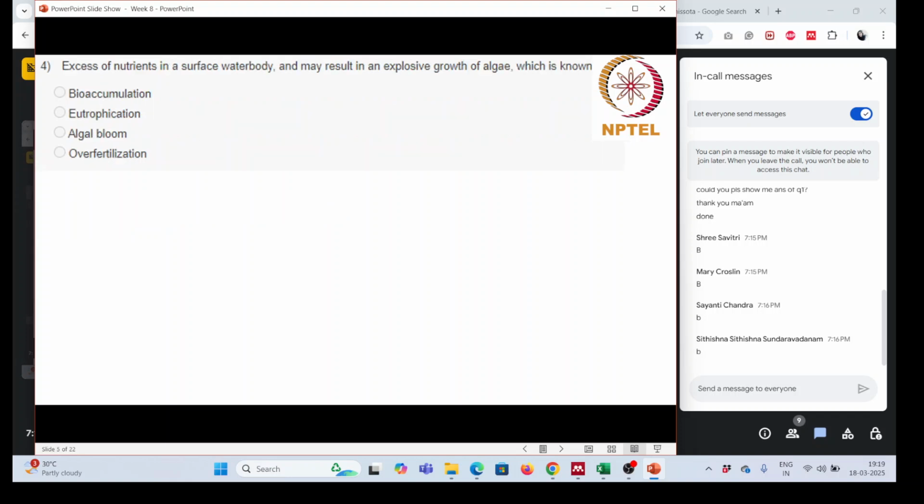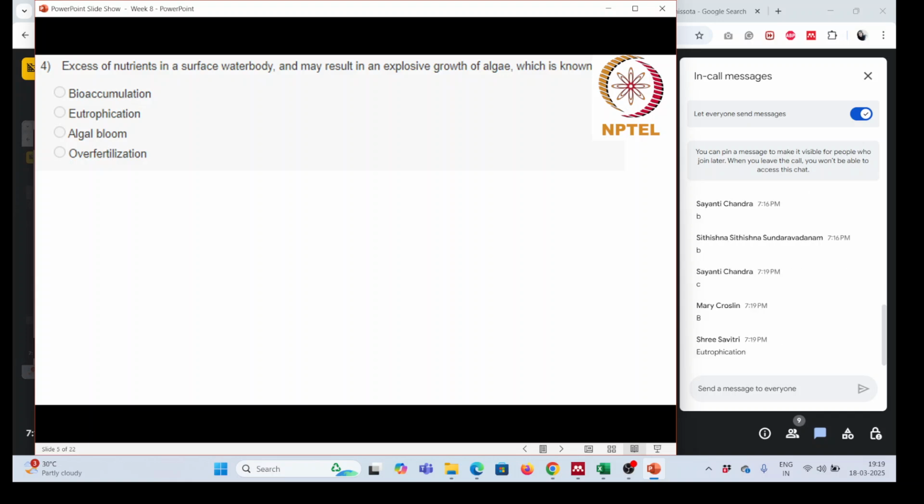Coming to the next question, excess of nutrients in a surface water body may result in explosive growth of algae, which is known as... There is excess of nutrients in the water body and it results in excessive growth of algae.